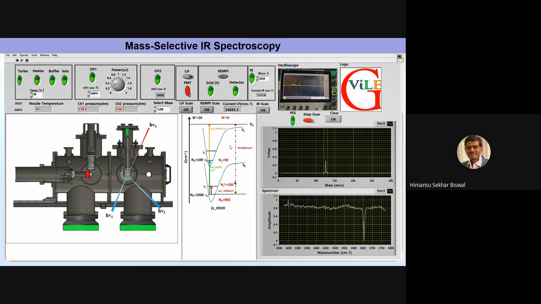Now we'll select that mass, the 126 mass. Then we'll do the IR laser scanning. Now you can see you will not have a depletion at 3658, you will have a depletion elsewhere, and that corresponds to the OH stretching of the dimer.